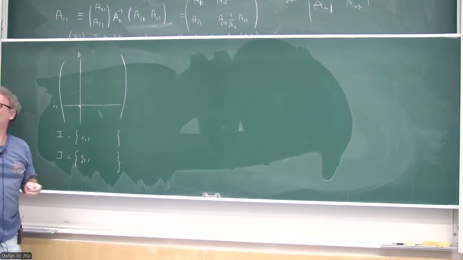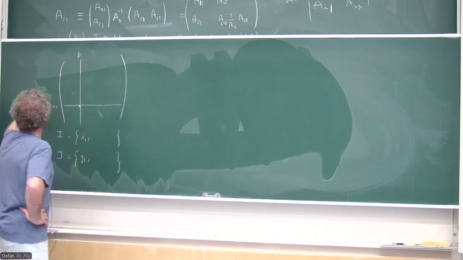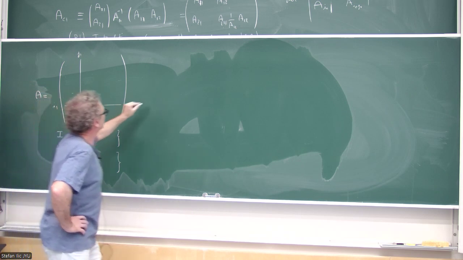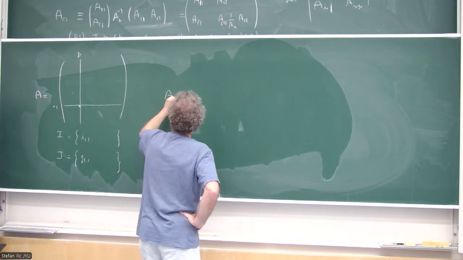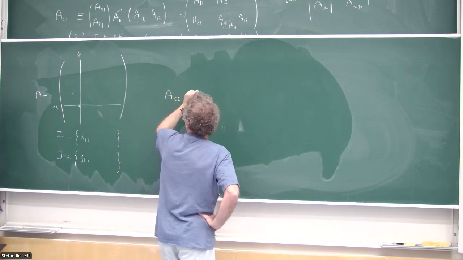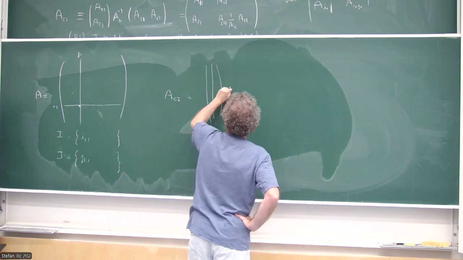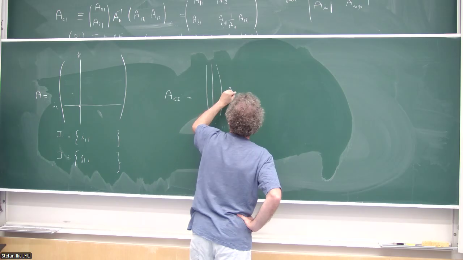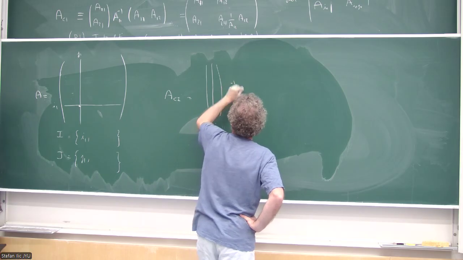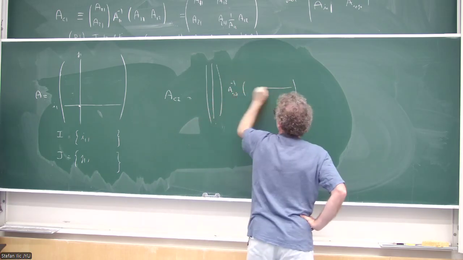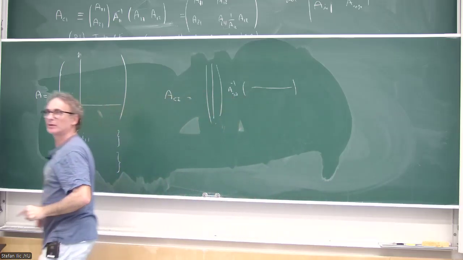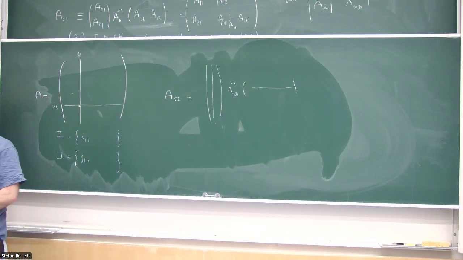And you can build your cross interpolation. So this is A. So at this stage, it is this times A I1 J1 minus 1 times that, this row. So rank 1 approximation of the matrix.